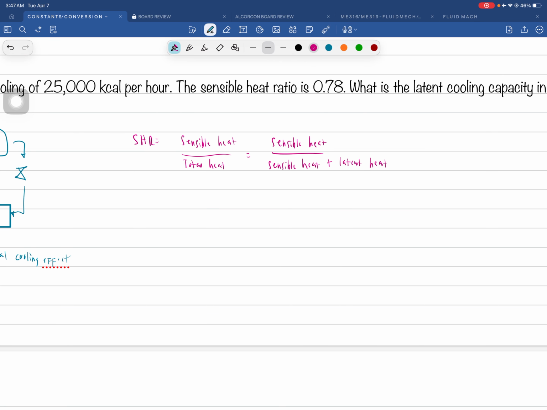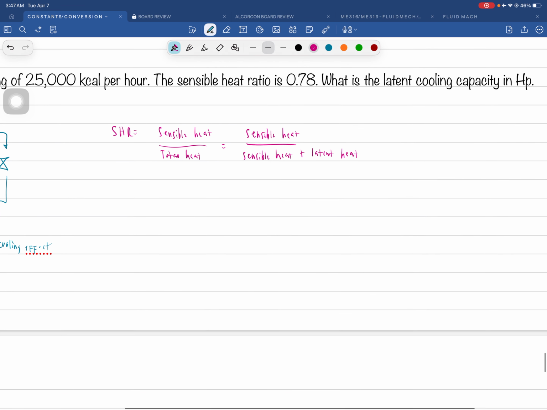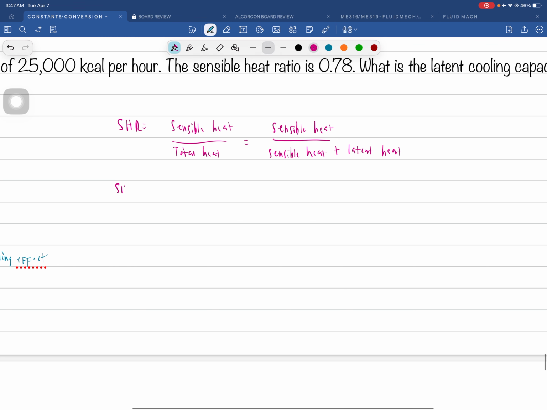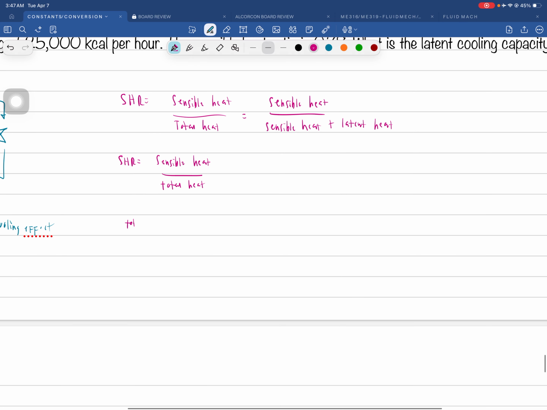So sabi, meron kang total cooling effect. So meron ka nang given itong total cooling effect mo. SHR is what? Sensible heat saka total, no? And remember, total heat is what? Sensible. Let me just put this in terms of Q. Q sensible plus Q latent, no?